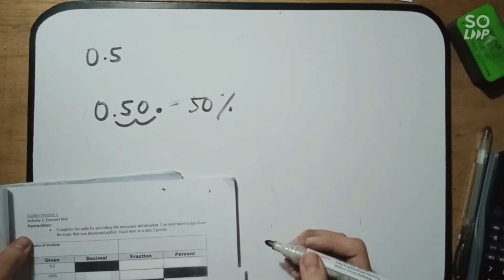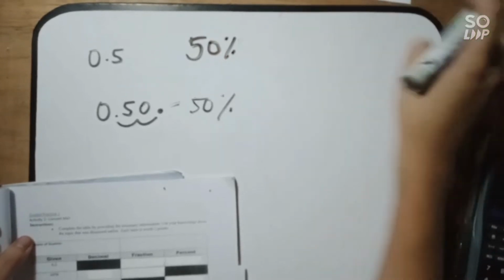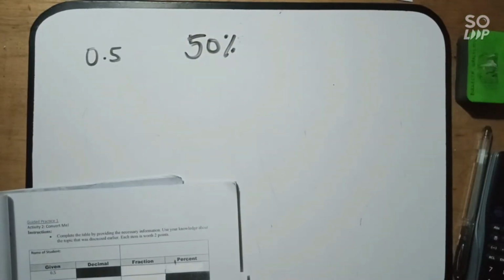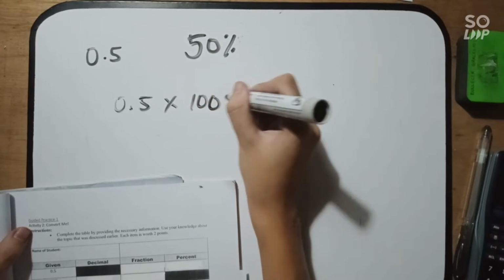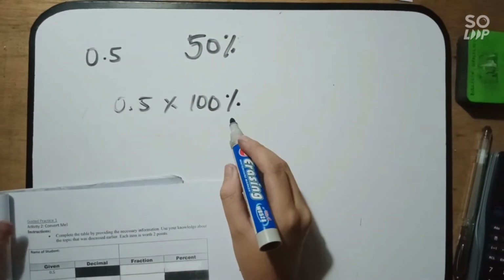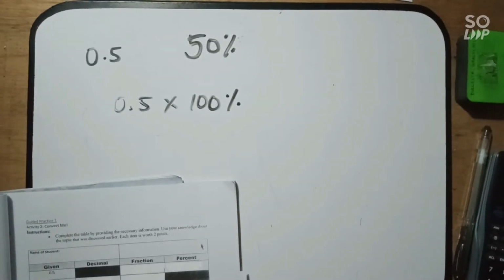Therefore, the percent value of 0.5 is 50%. We can also convert the decimal number into percent by simply multiplying 0.5 times 100%. The answer will still be 50%.